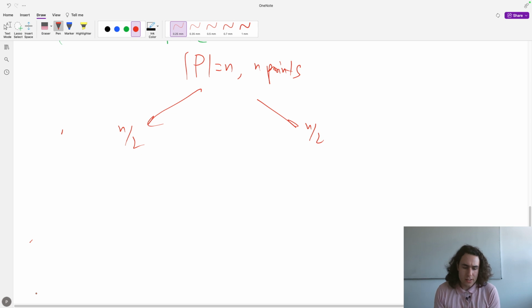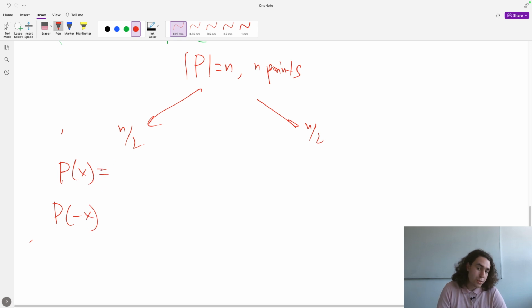How we're going to do that? We somehow need to find points in which evaluating the polynomial p looks similar. And then we can just kind of do less work. Well, the obvious points are negatives of each other. So if you look at p of x and p of minus x, they look pretty similar.